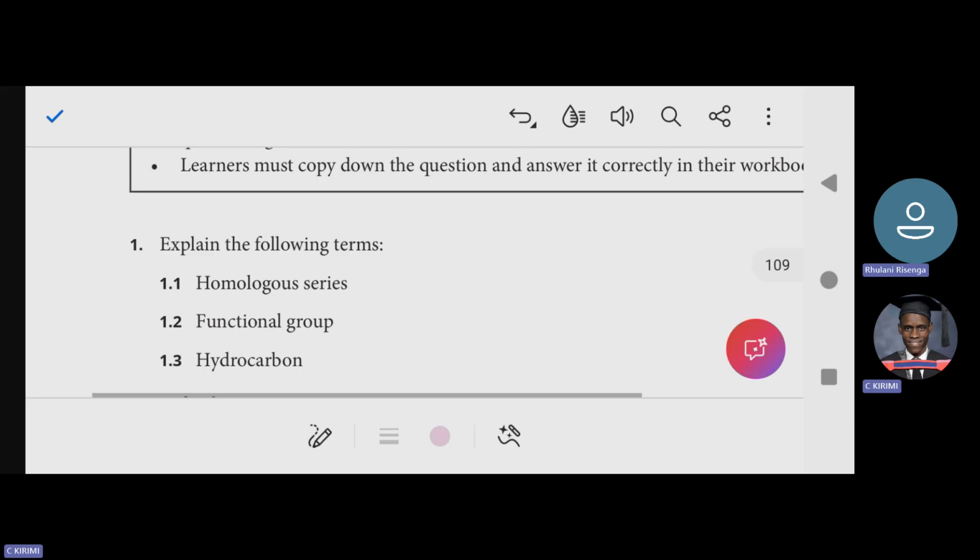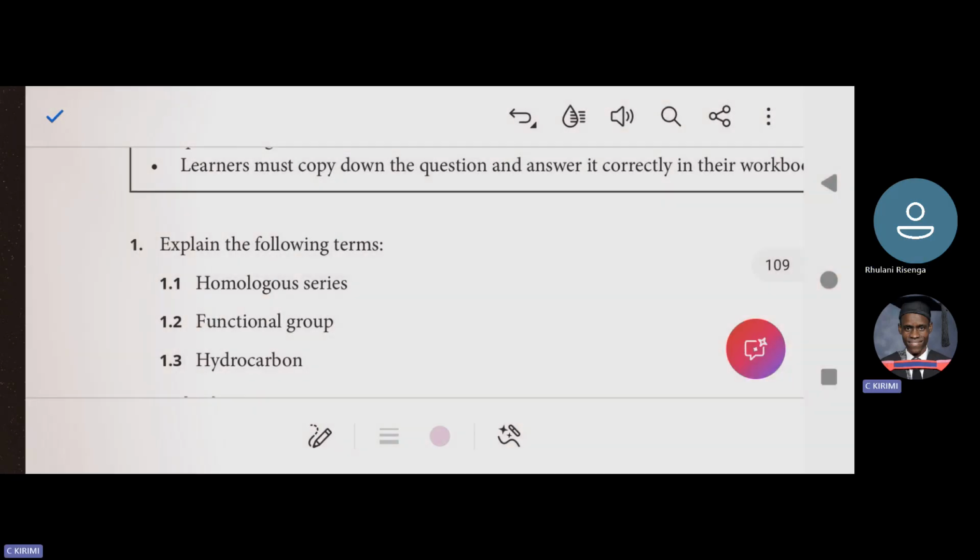You said homologous series. Homologous series are organic compounds that can be described by their general formulas. They have the same general formula. Yes, okay. What about functional group? Functional groups are a group of atoms that determine the physical or chemical properties of a compound.